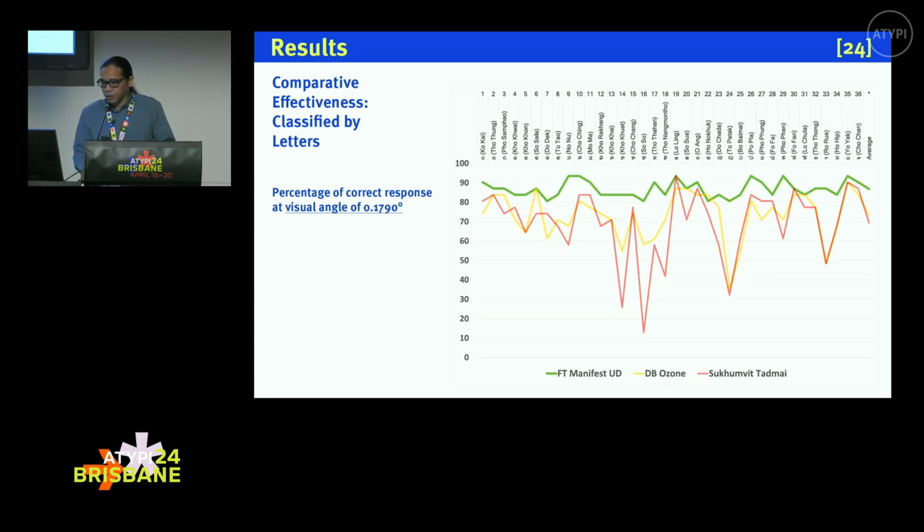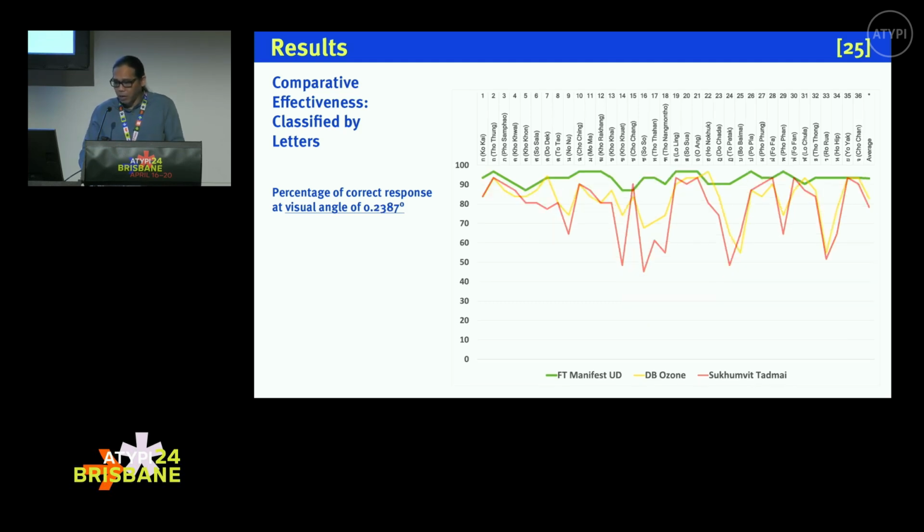This shows the result at a visual angle of 0.1790 degree. The result shows that every character of FT Manifest is more effective than DB Ozone and Sukhumvit Tadmai.